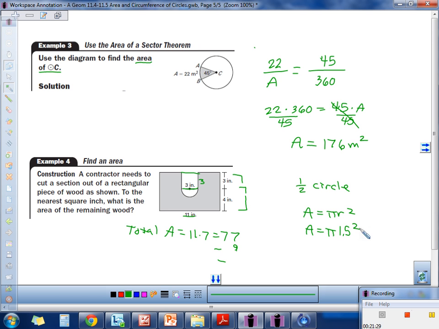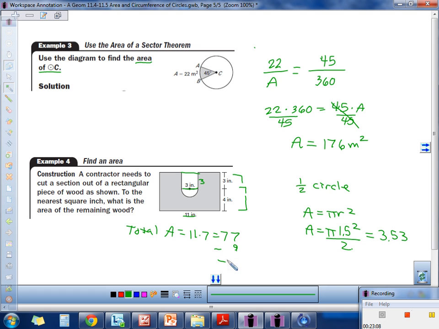However, that's going to give me the area of the whole circle. I don't want the whole circle. I want half of it. What should I do at the end with that answer? So do all that and then divide by 2. That'll give me the area of that half circle right there. All right, when we do that, we get 3.53.